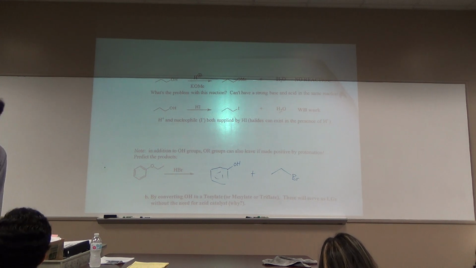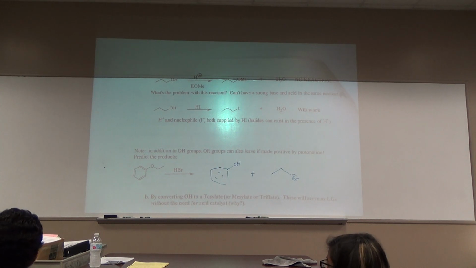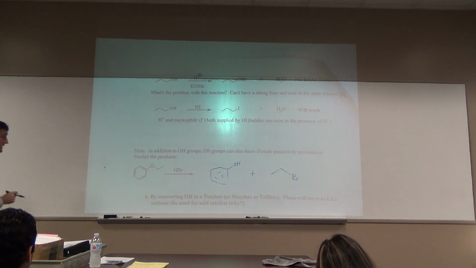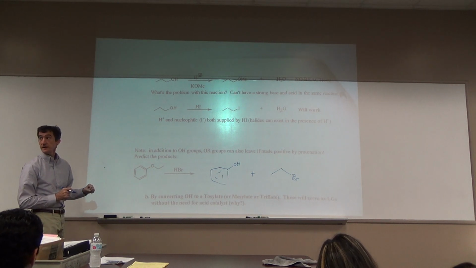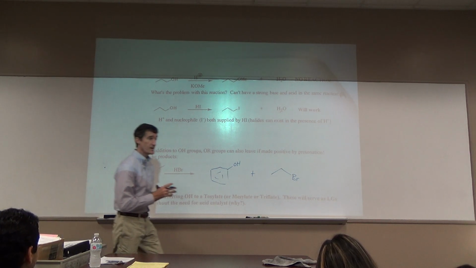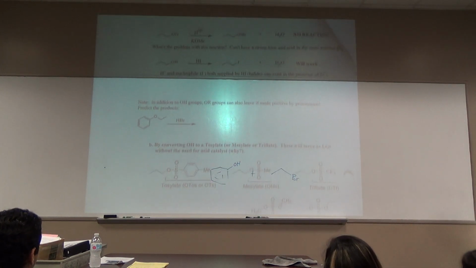Phenol plus bromoethane. How do we do? Everybody got it right? Good. All right. No need to discuss it, right? Everybody got it right. Great. Good job. Let's move on to the next one then.